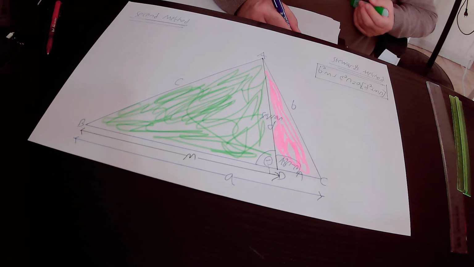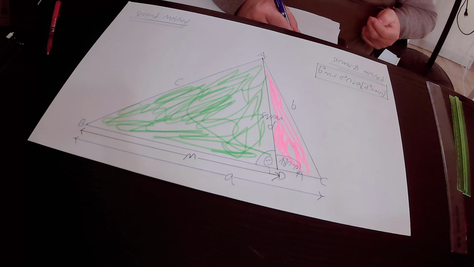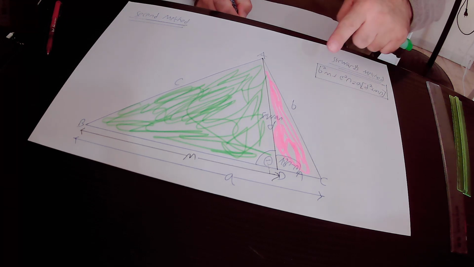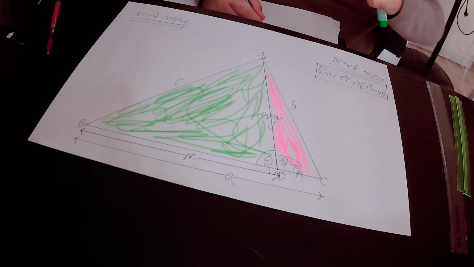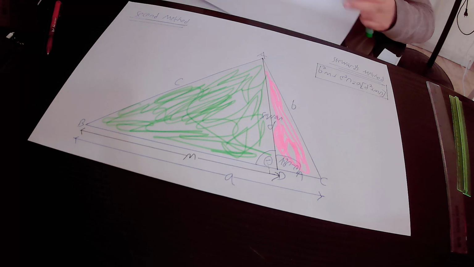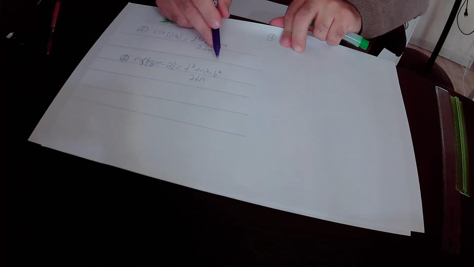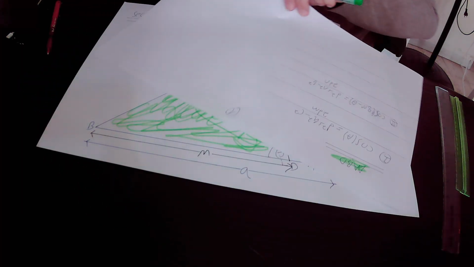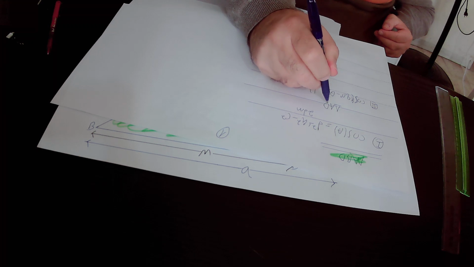According to the law of cosines, in the pink triangle ADC, cosine 180 degrees minus theta equals D squared plus N squared minus B squared over 2 times D times N. This equation number 2 is the implementation of the law of cosines in the pink triangle ADC.